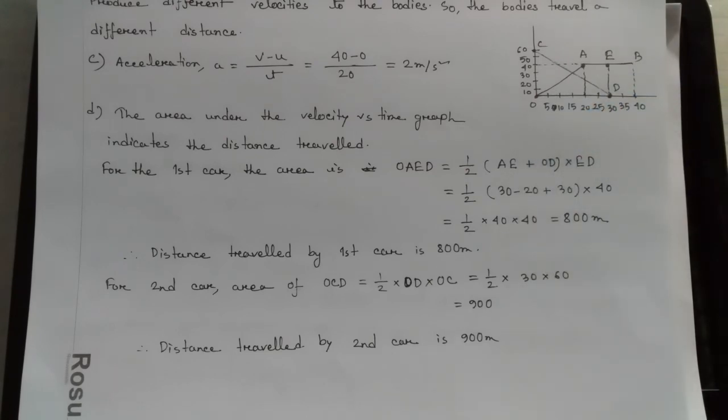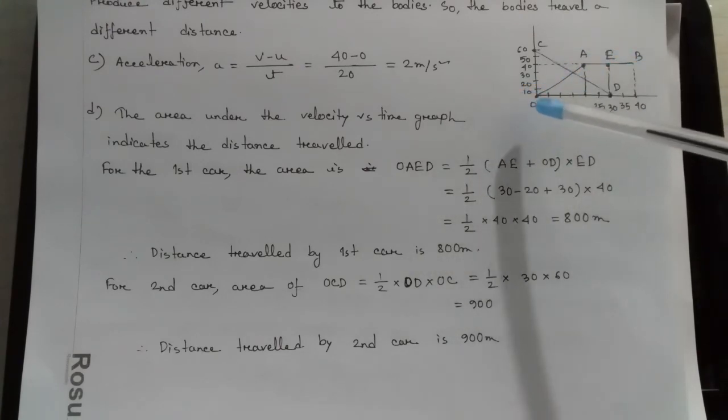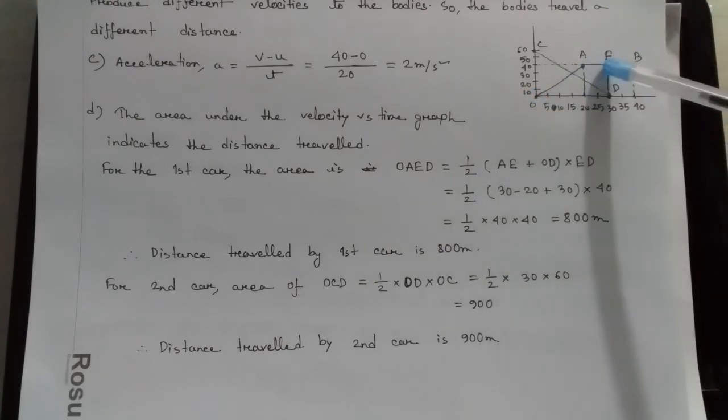So for getting the distance traveled, we have to measure the area under each curve on the velocity-time graph. That means for the first curve, it is the area under OAE.